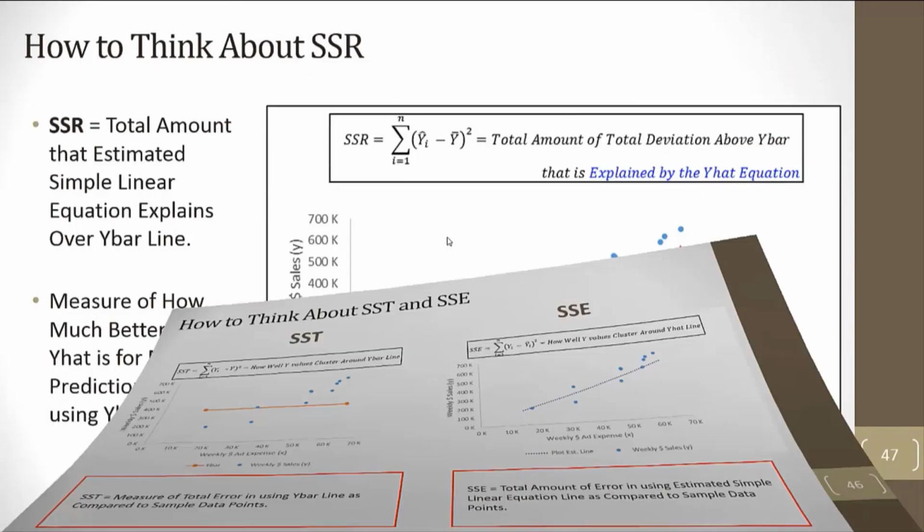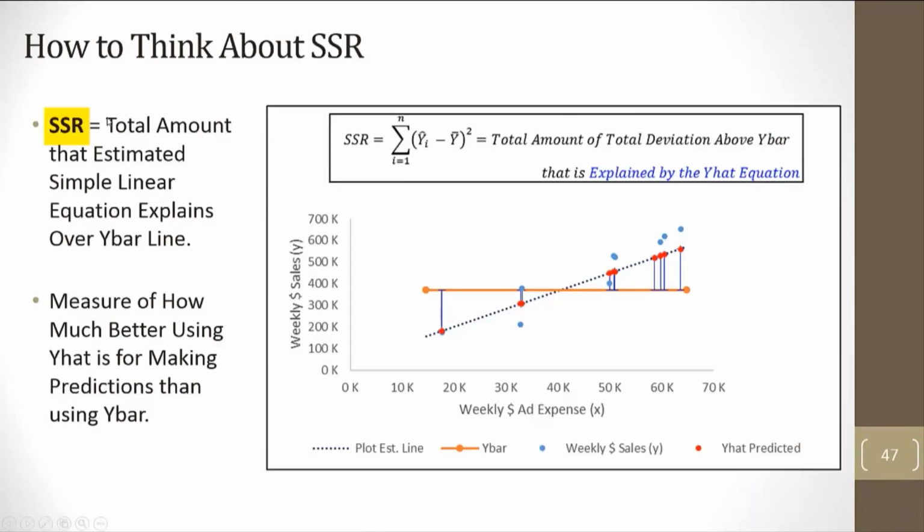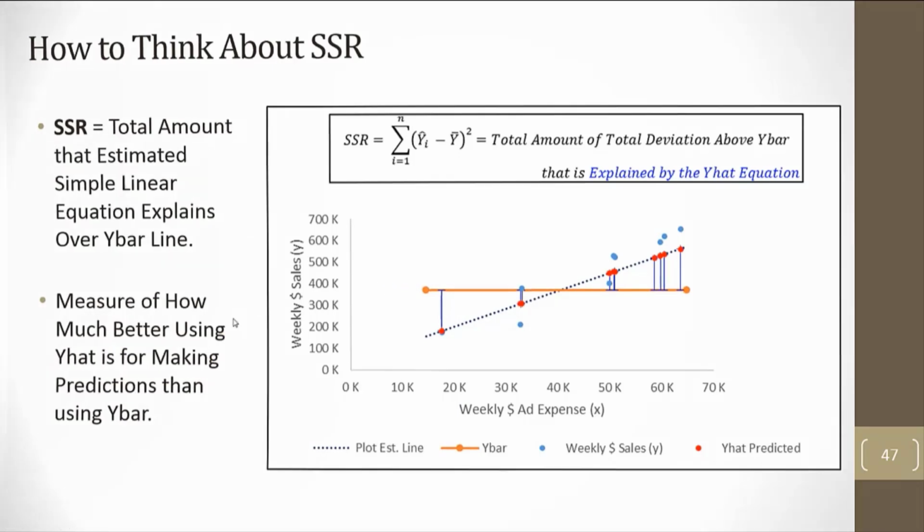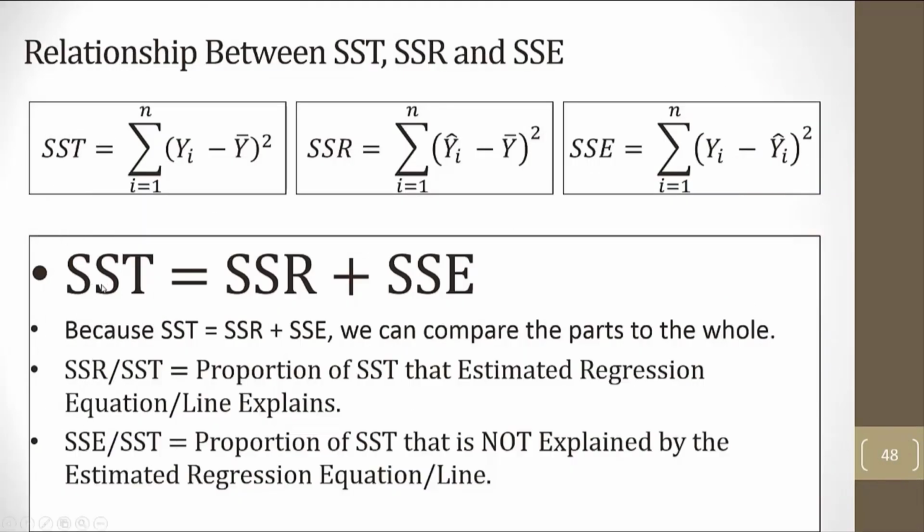And when we go to our next slide for SSR, it's going to be a measure of how much better using y hat is for making predictions than y-bar. Again, we're going to take all those blue distances, square them, and then add them. So our relationship is SST equals SSR plus SSE. And that means if we want to figure out the goodness of fit, remember, this is the part that's explained.